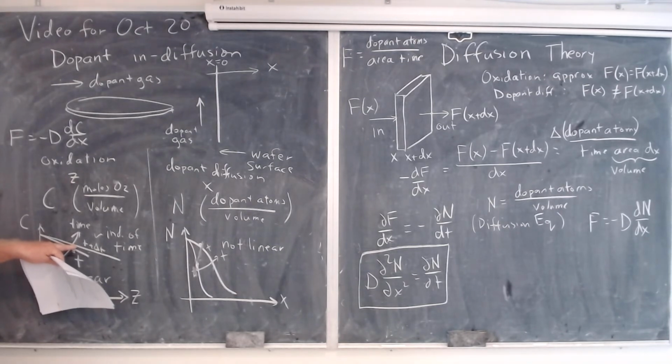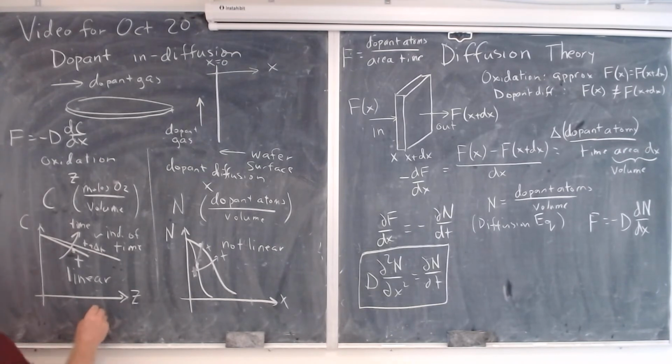C is changing with respect to time. It's just that we approximate for oxidation that dC/dt is approximately 0, meaning things are happening very slowly.